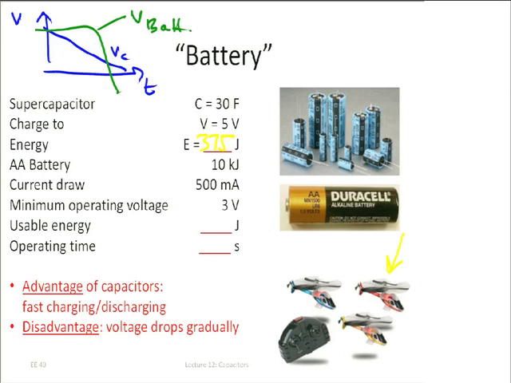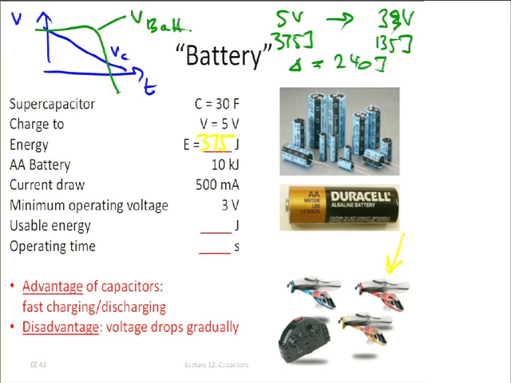Well, we start out at 5 volts, and there we have 375 joules of energy. At the end, we end up at 3 volts. How much energy do we have now on the capacitor? It's 1/2 times 15 times 9, 135 joule, and the delta energy is equal to 240 joules.